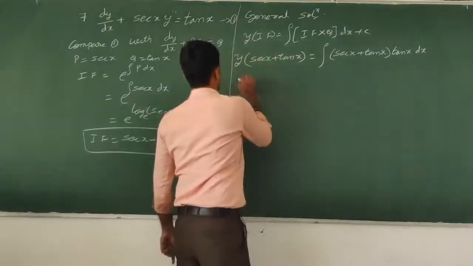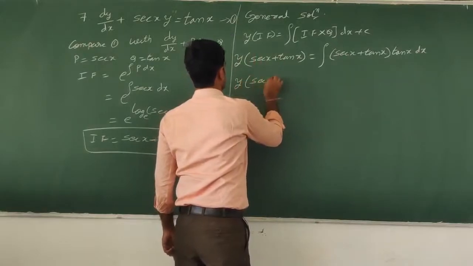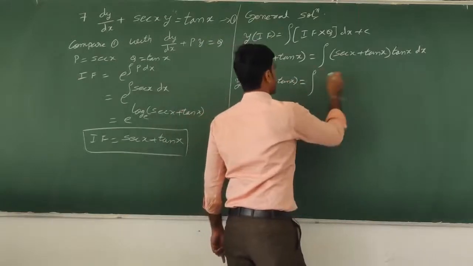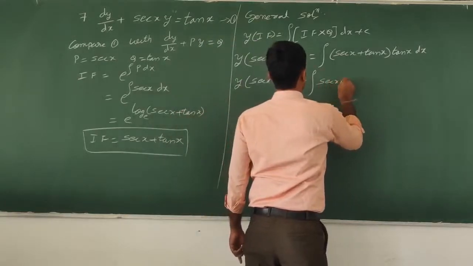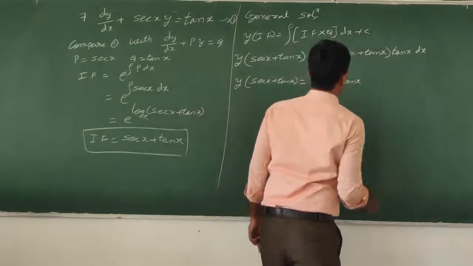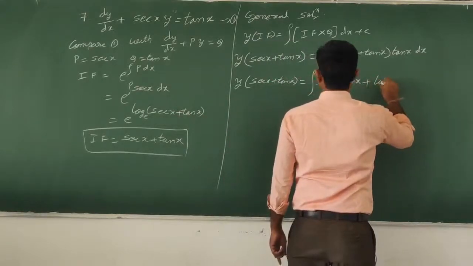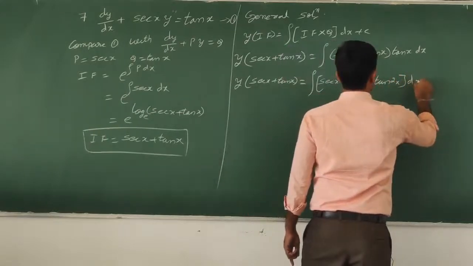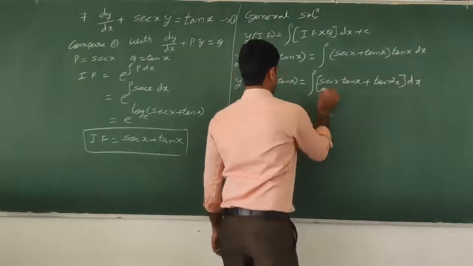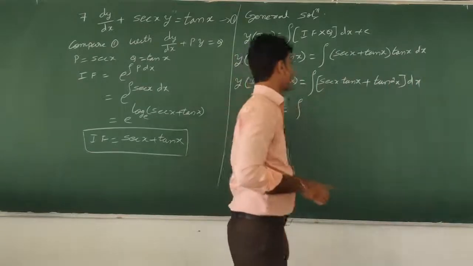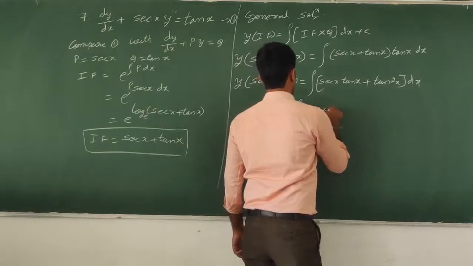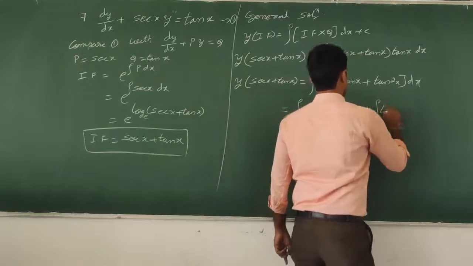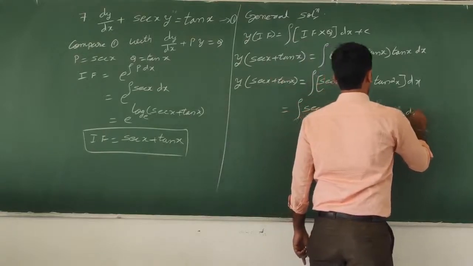So this is y into secant x plus tan x is equal to integration of, on multiplying, secant x into tan x plus tan x into tan x is tan square x, whole dx. On splitting the integration we have integration of secant x into tan x into dx plus integration of tan square x into dx.